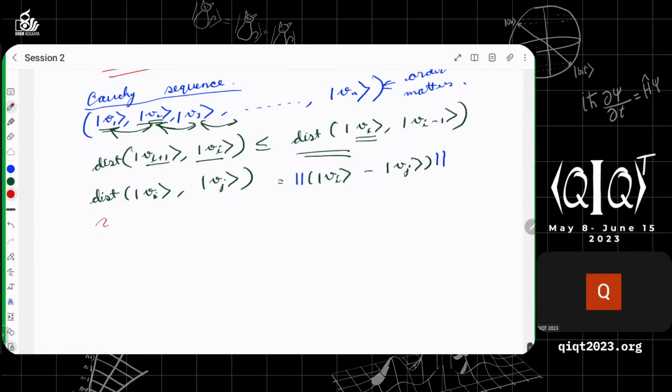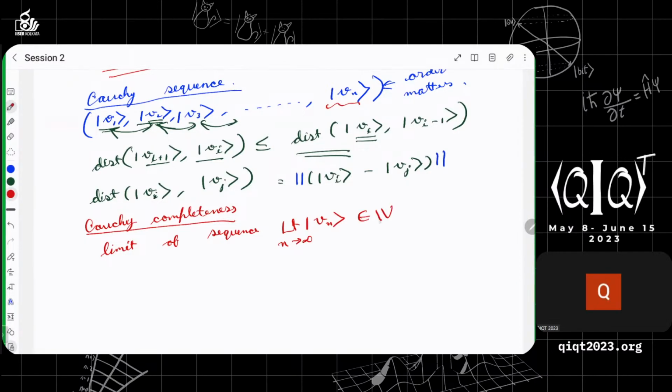Now, Cauchy completeness means that the limit exists in V, as in the limit of the sequence. And what does the limit of the sequence mean? The limit of the sequence is Vn, n tends to infinity.